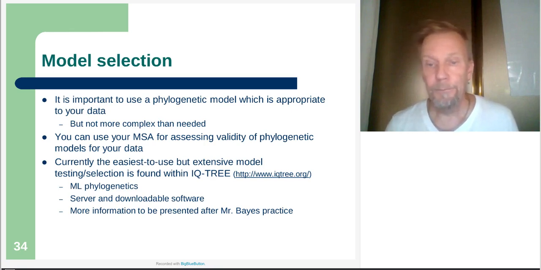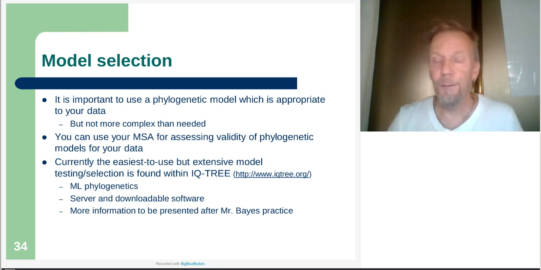And now for model selection, I'm starting to disrespect the model selection more and more, having read articles where even others say that it doesn't really improve your results. But we have a link to a program called IQ3, which does maximum likelihood, including model selection.